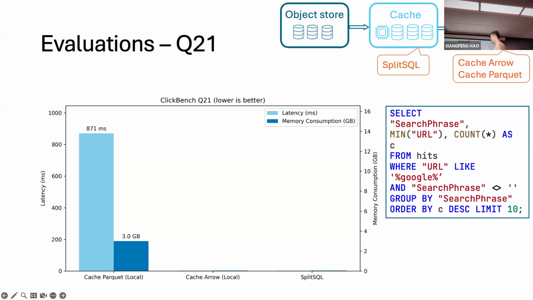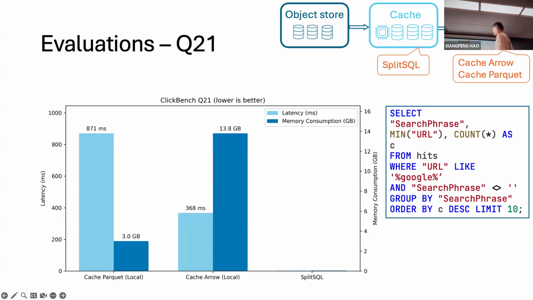And in this figure, we have 3 variants which correspond to those. This is the latency, the lower the better, and this is the memory cost, the lower the better. Caching Parquet is the baseline, which has this, and caching Arrow is basically similar. We have better performance, but we have to pay a lot more.